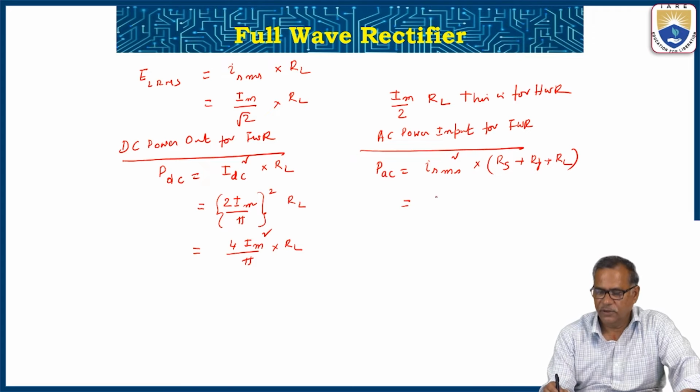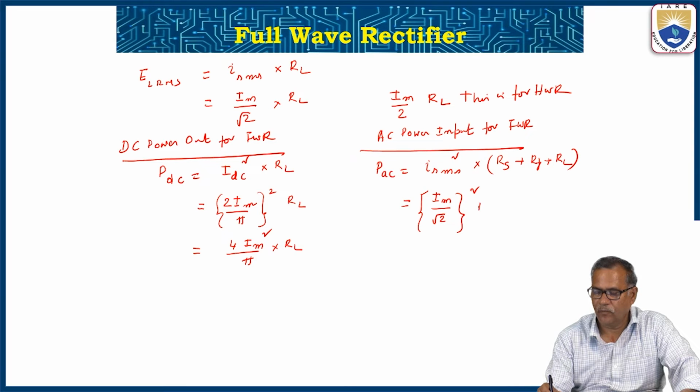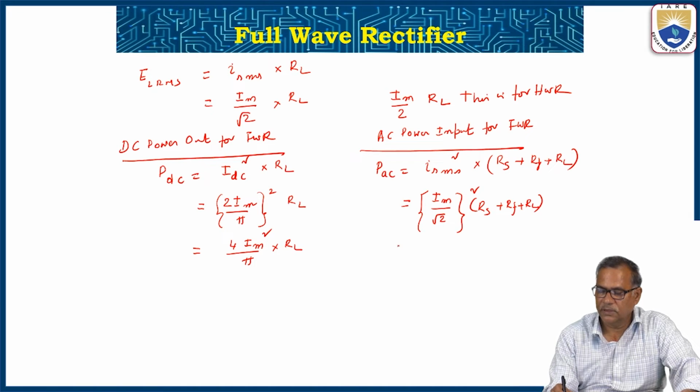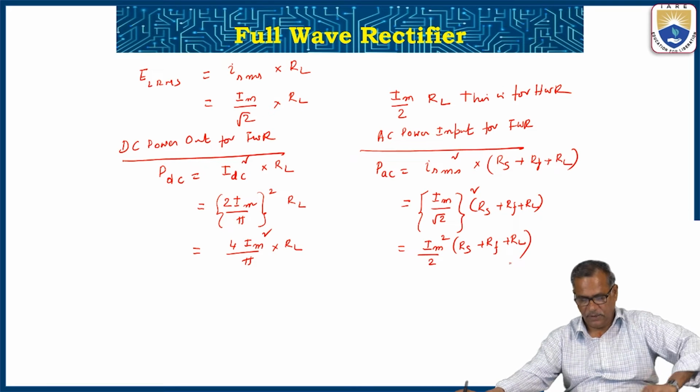It is Im by root 2 whole square multiplied by RS plus RF plus RL. So this will give us Im square by 2 into RS plus RF plus RL. So this is the AC power input.